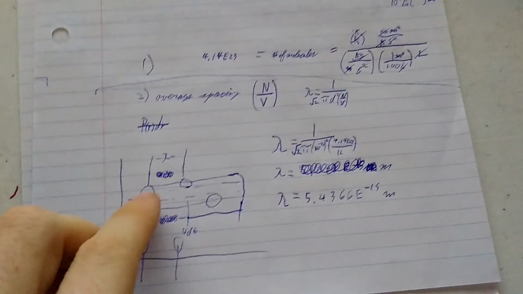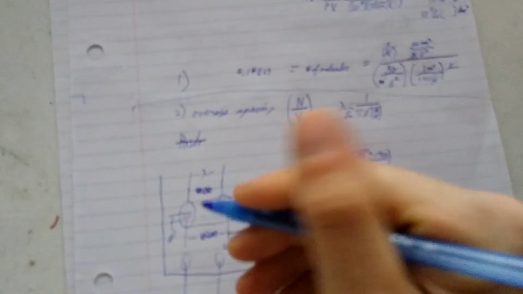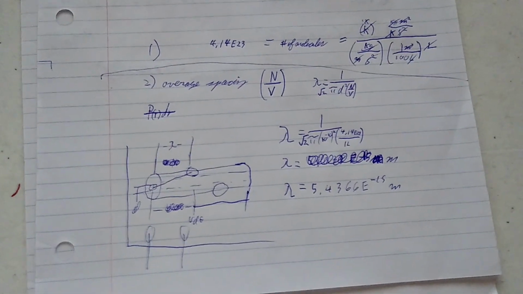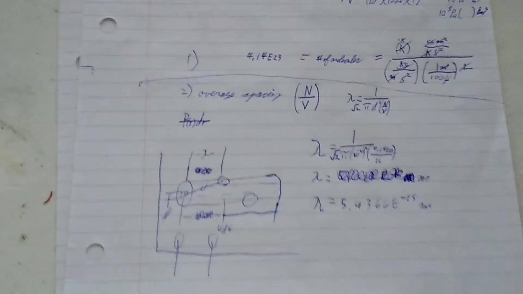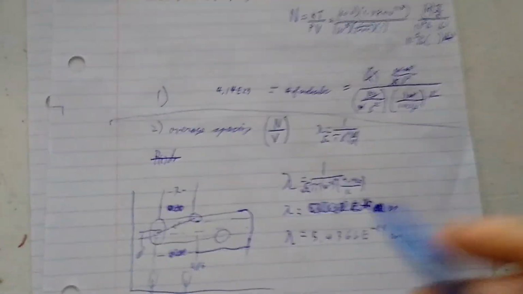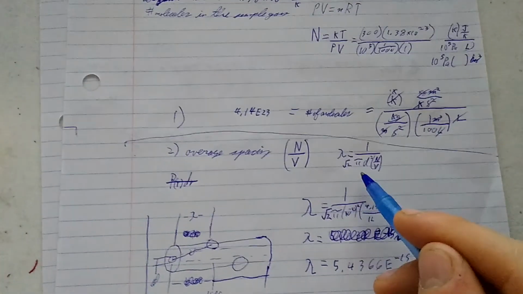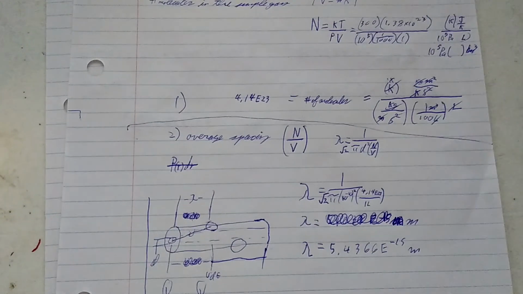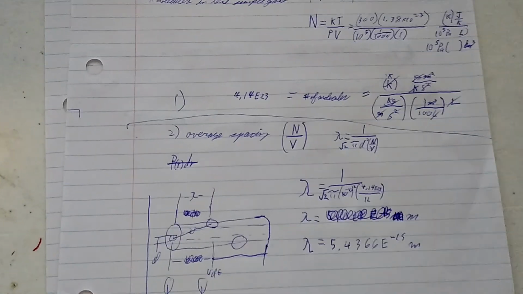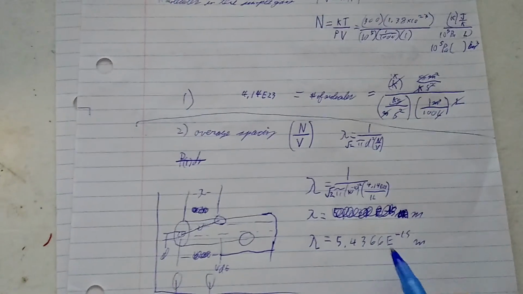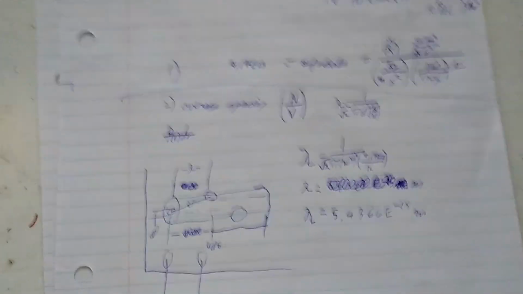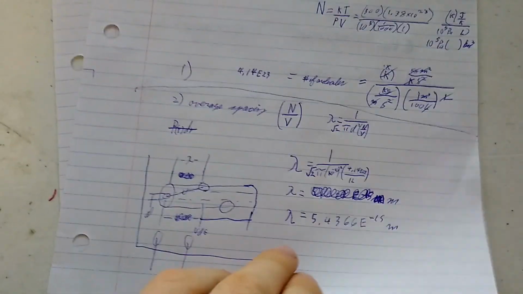This is the best way to do it, because getting the exact distance is impossible. So use the mean free path, which is 1 over square root 2 pi d squared times the number density, the moles per volume. I almost messed up here as well, but I think I got the right answer: 5.4366 e to the minus 15, in meters.